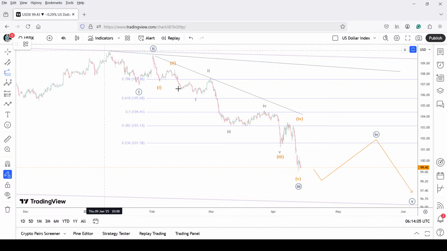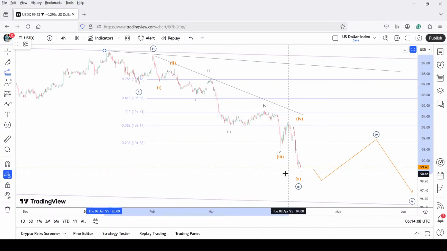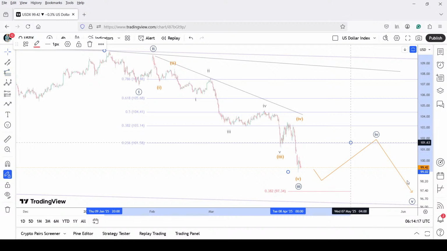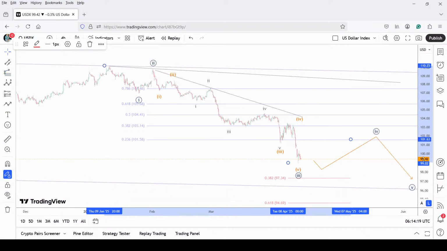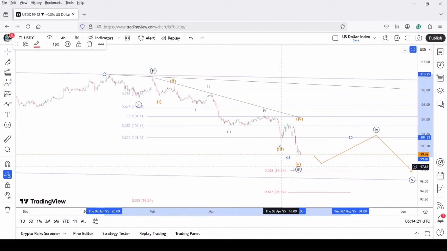If we look at the extension of fifth wave for a minute degree, you can see price action dropping all the way, or potentially dropping all the way towards 97, possibly 95 as well. Alright, so that won't be a big surprise for dollar bears to drag prices all the way towards 95 levels.